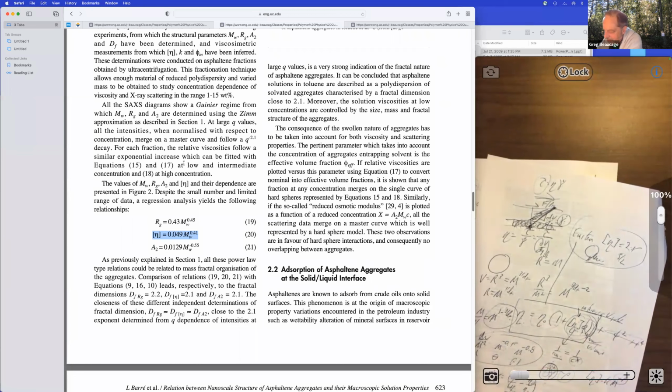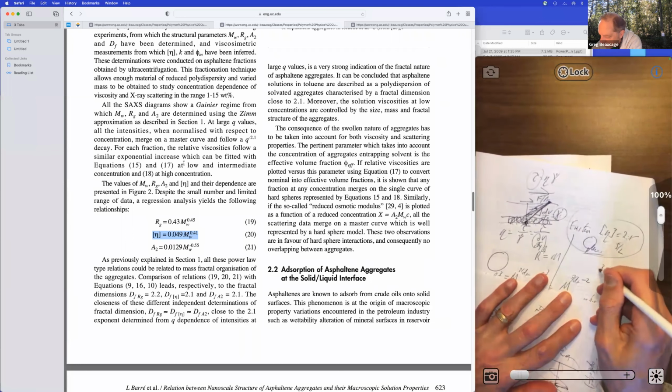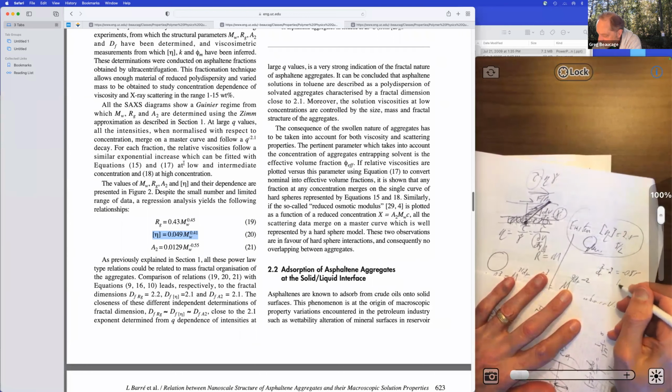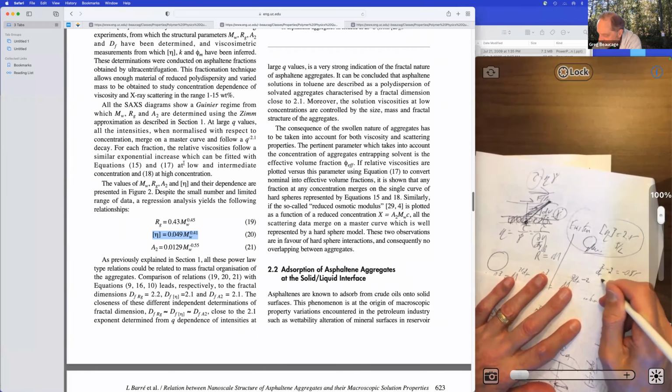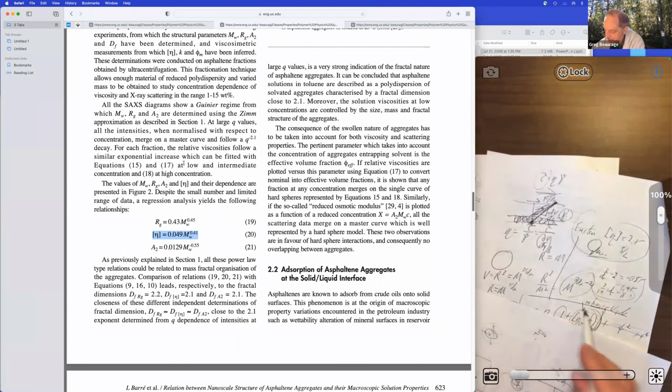In that case, he's got a value of negative 0.55. So 3 by df minus 2 equals negative 0.55. So this is 2 plus that, so that's 1.45. And then df is 3 divided by 1.45. So that's also about 2.1. Almost the same thing. So that's just using this law for A2.